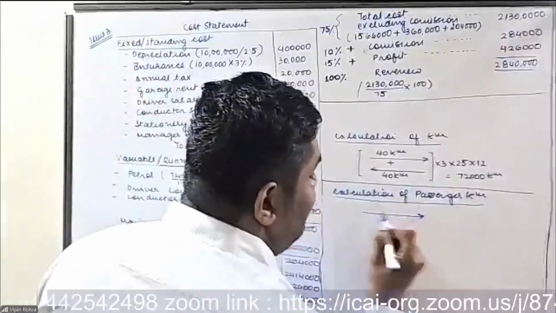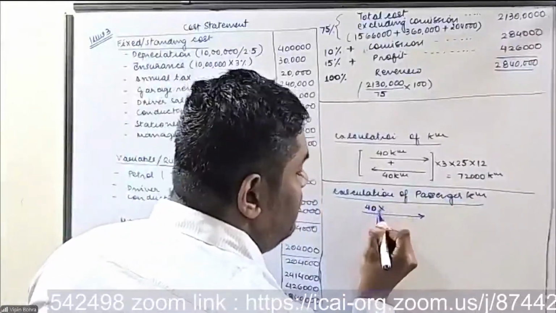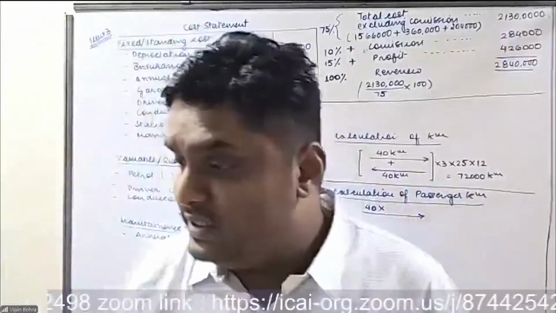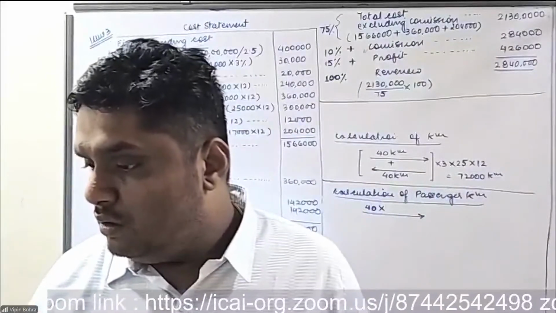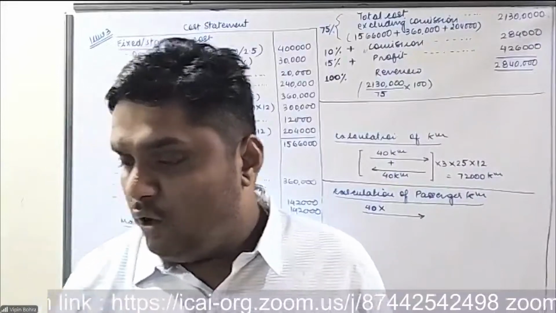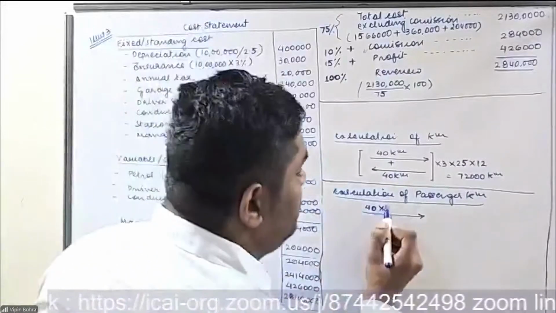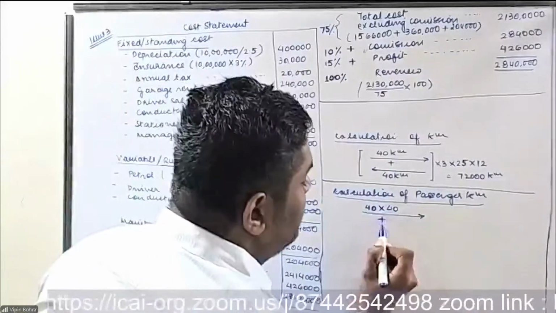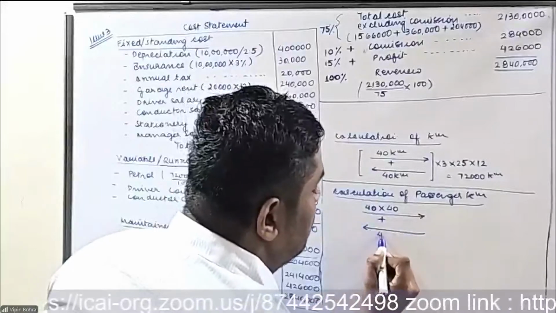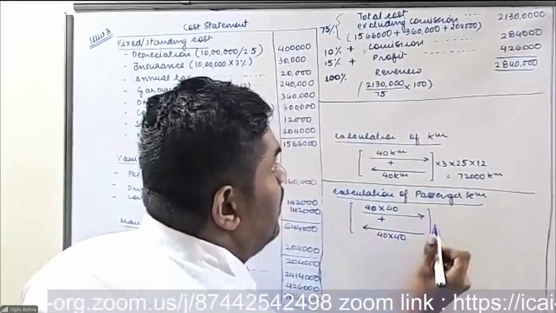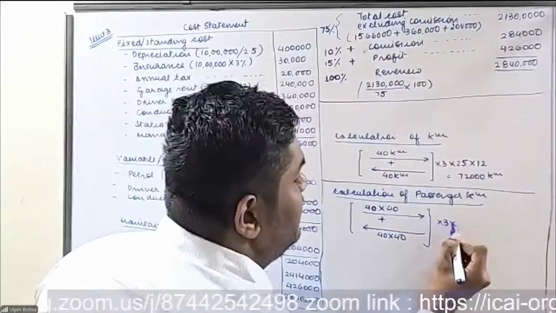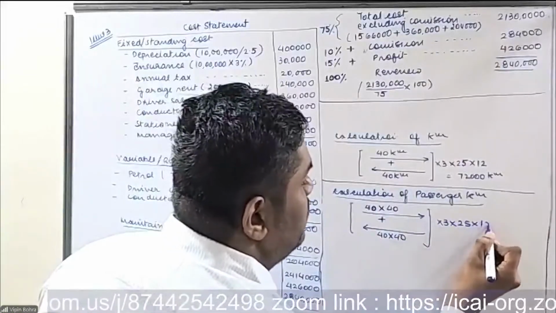So here in total 40 kilometers we are traveling. Here the average occupancy is given, that is on an average 40 passengers are traveling in each trip. So 40 into 3 trips in a day, into 25 days in a month, into 12 months in a year.